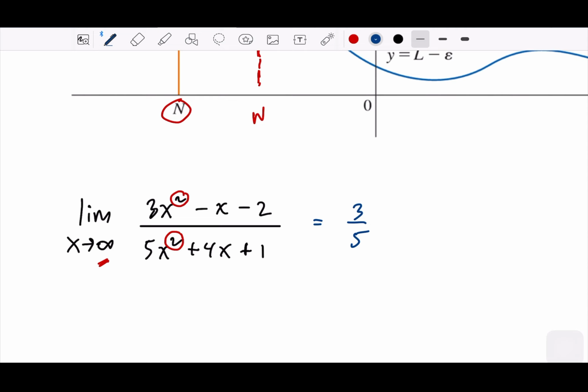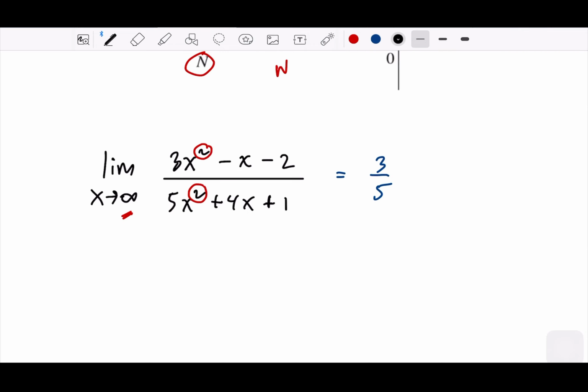Now we know this from our computations, but how do we prove that this is true in our precise definition? That's a different story. So let's relate this value L, 3 over 5, with epsilon 0.1.